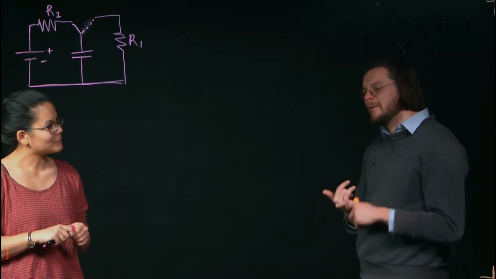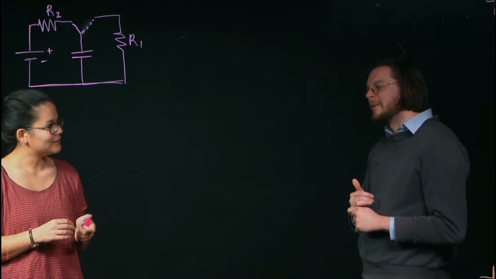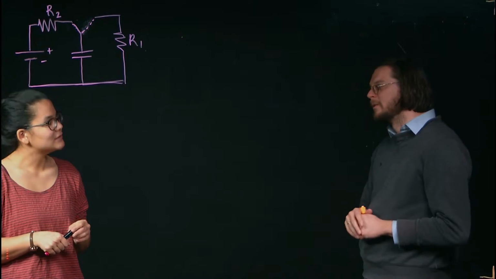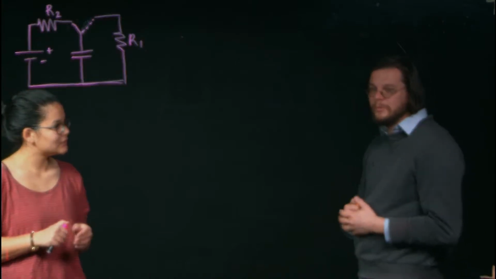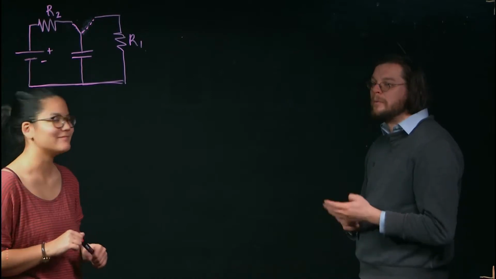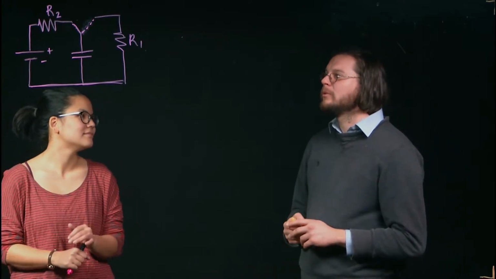There's the way that I do it, which is to think about the voltage drop across the resistor. Another way is Kirchhoff's loops. So if you know how to do Kirchhoff's loops, that's another way, and maybe we can do that just to show how.